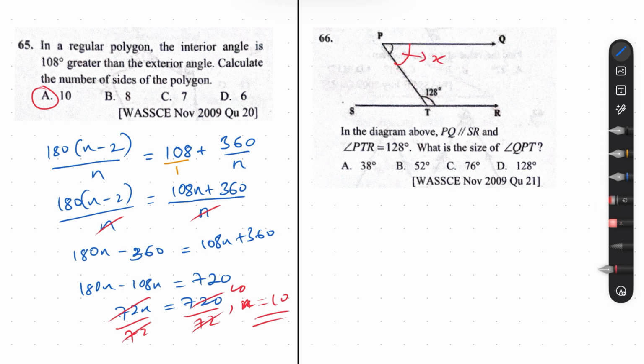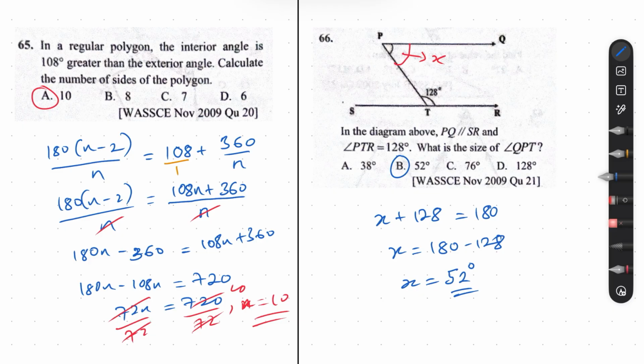When we add x and 128, we should get 180. So x plus 128 should give us 180, so x is equal to 180 minus 128, which is 52. Which is B.